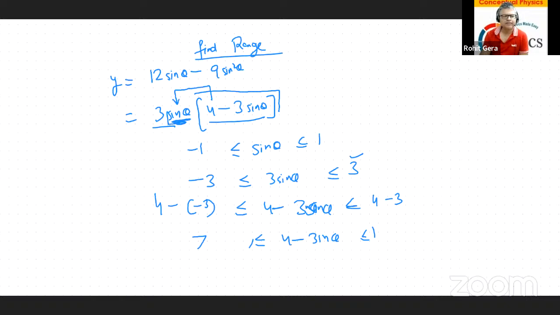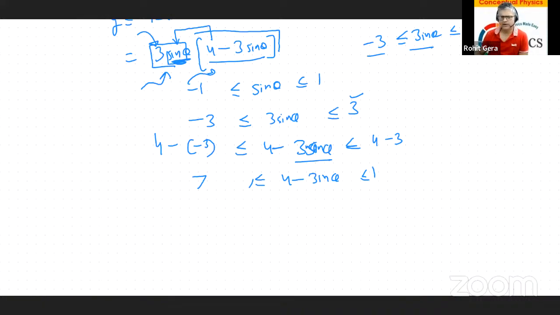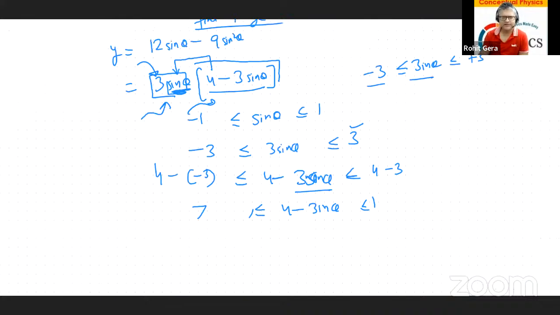So when you multiply them, what will be the range, the maximum? And 3 भी है बाहर, by the way. अच्छा, we have already taken care of 3. There is a 3 sin theta, right? So 3 sin theta will lie between plus 3 and minus 3. So two numbers are getting multiplied. The range of the second number is between 1 and 7, let's say.